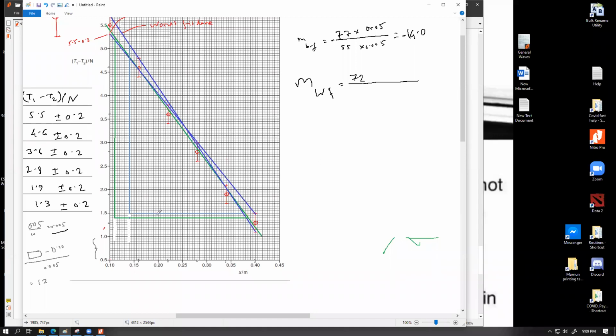So if I go for this one, 10, 20, 30, 40, 45, 41, 2, 3, 4, 45, and 247 into 0.05 over 0.005. What does this come to? 15.3.